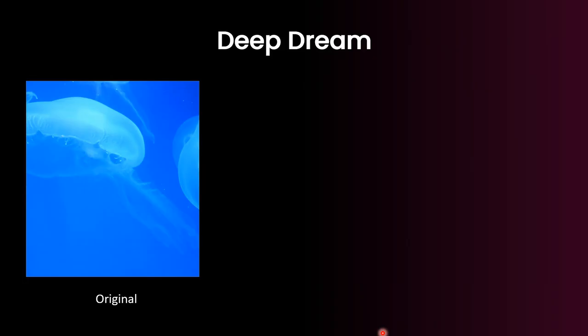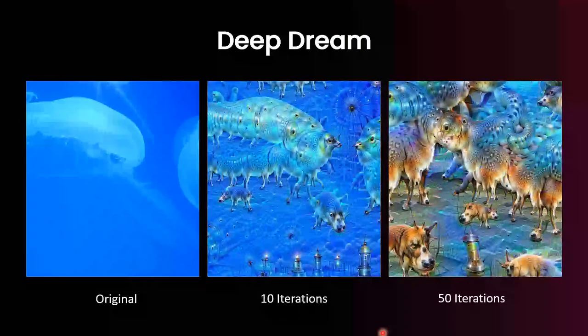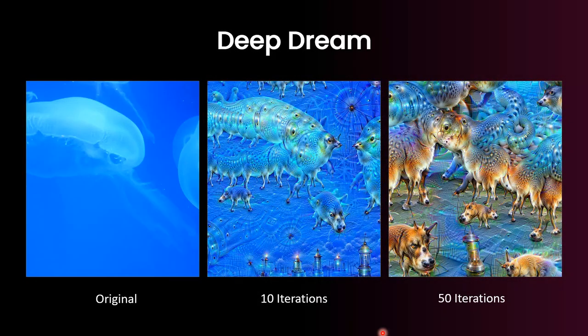In this example, this is the original image. After 10 iterations, this is the result. After 50 iterations, this is the result. The results look like dogs or animals, because the model at this time was trained on ImageNet, which has many dog and animal photos.